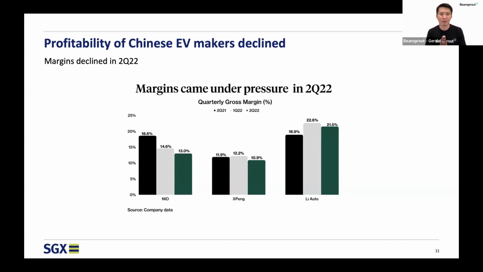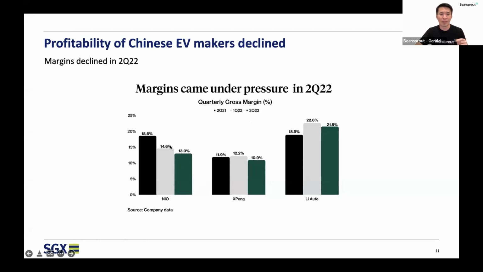But what is clear from this chart is that in the second quarter, the margins actually came down for the Chinese EV makers. This is probably most evident for NIO. If you look at the gross margin, it came down to 13% in the second quarter from 14.6% in the first quarter.